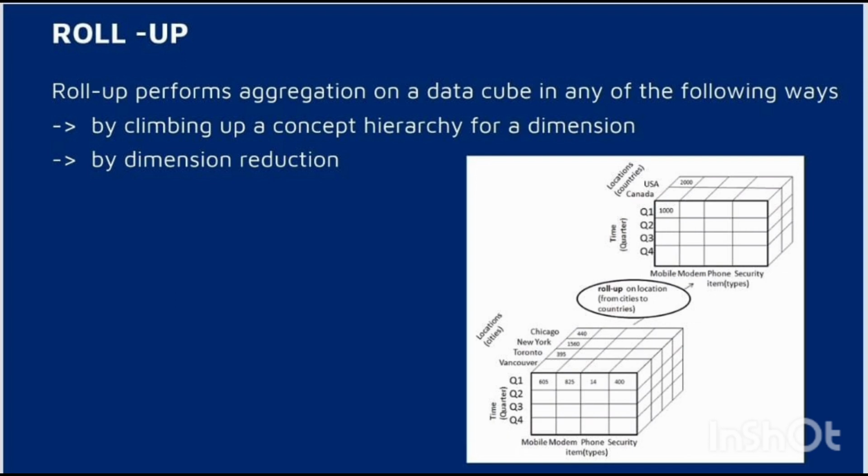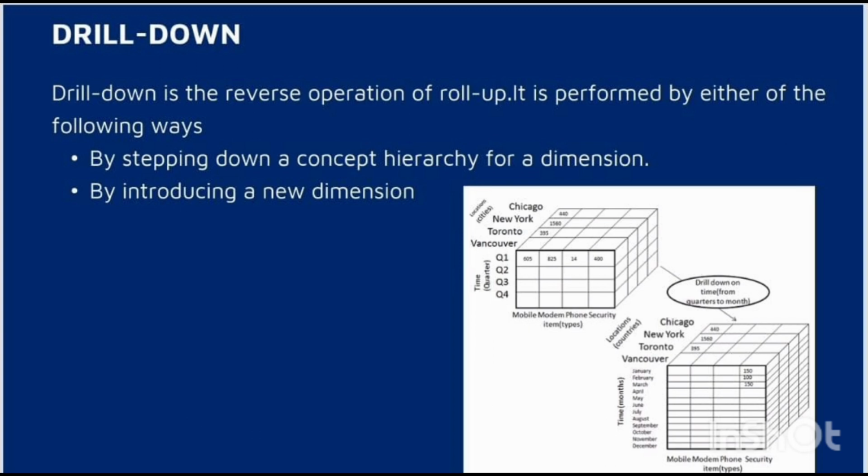Majorly, USA contains Chicago and New York City, and Canada contains Toronto and Vancouver City. So we will reduce the location data, cities into countries. So this is the roll-up operation. Second one is drill down.